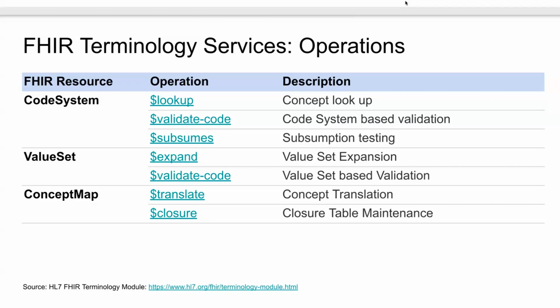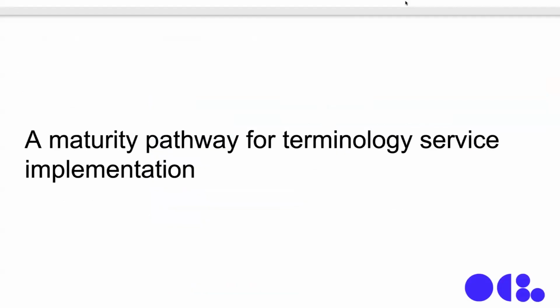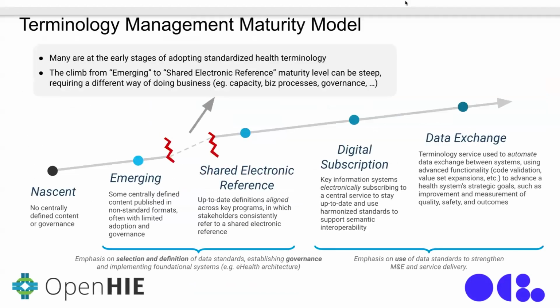So this has been the deep technical dive. So now I want to talk more about the application of this. So if we have a terminology service with these capabilities, how do you start to make use of that in your projects?